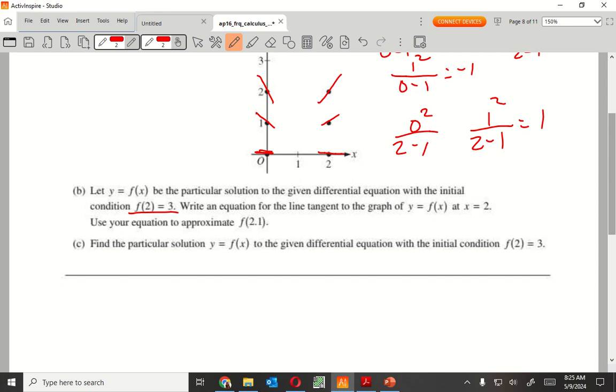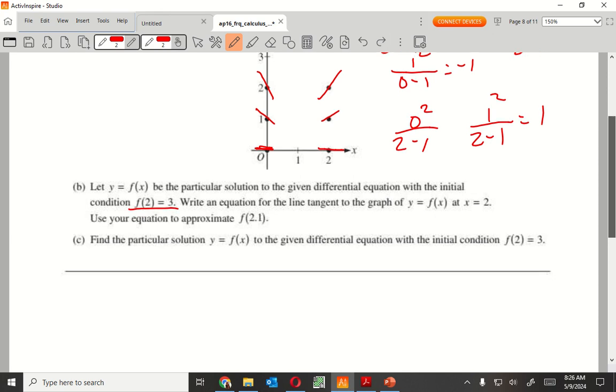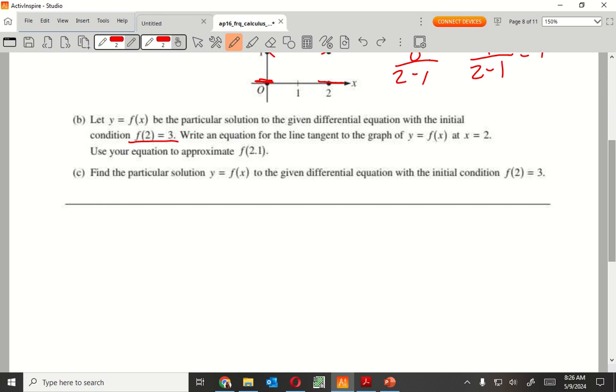This point is going to give me a c value. Write an equation of the line tangent to the graph at x equals 2, and use your equation to approximate f(2.1). So, it said a lot of things.